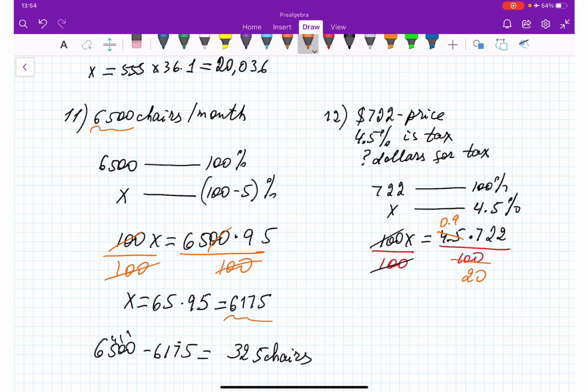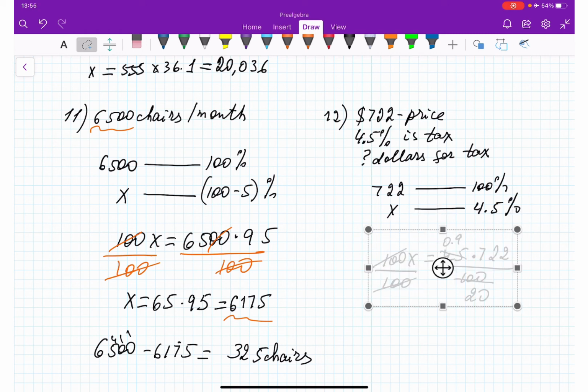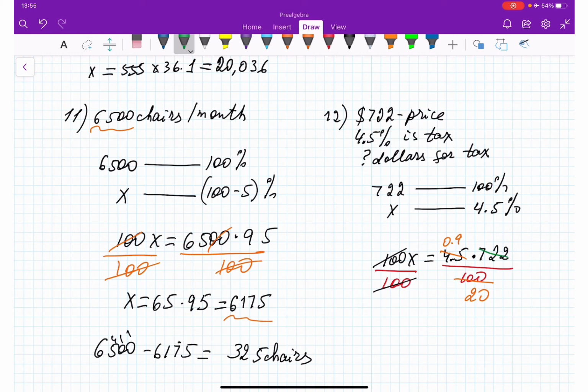Now 722, I can divide by 2, right? Both of them reduced by 2. Let me take a different color. 7 divided by 2, 3 times, is 6. Remainder is 1. Bringing down the second 2, 12 divided by 2 is 6.